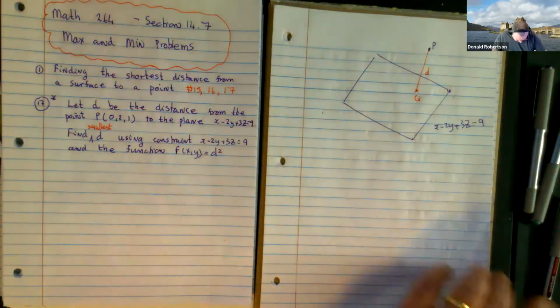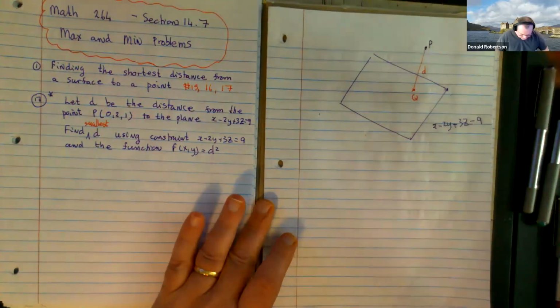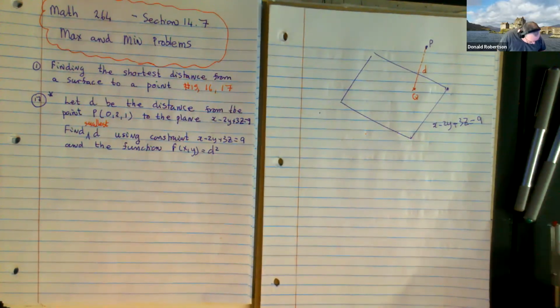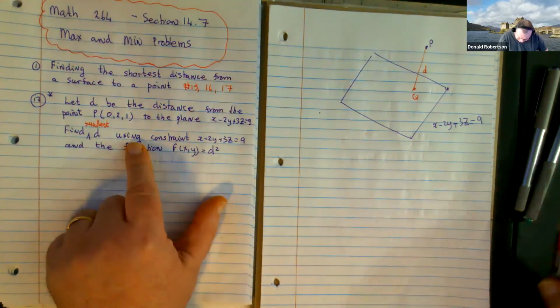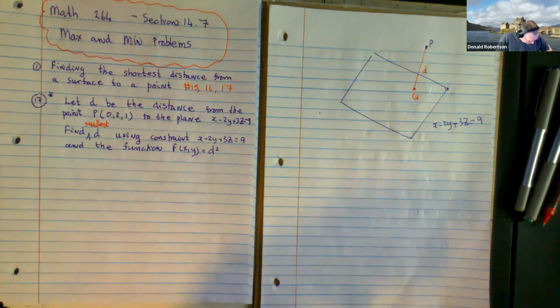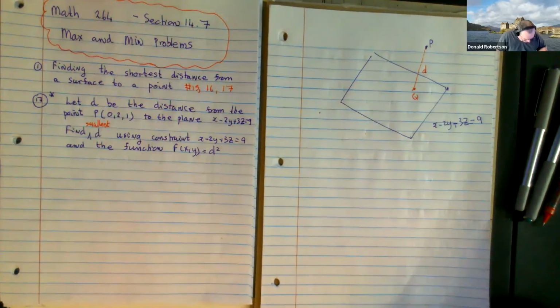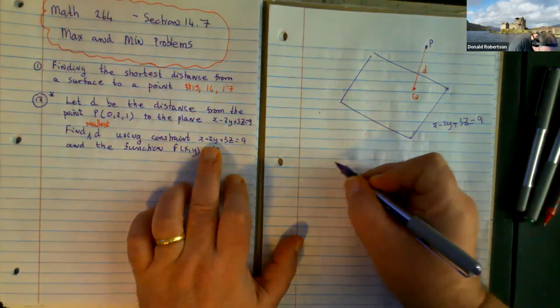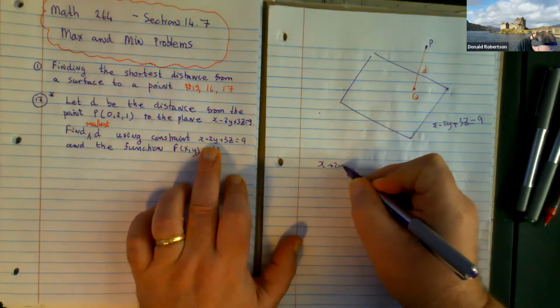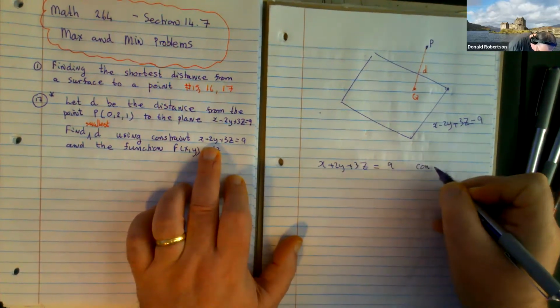So every one of these questions, there's going to be at least one, if not more than one point that is closer than all the others. And that question becomes one of these max and min problems, in this case, a min problem. And the equation of the plane, which is this guy, is actually the constraint function.